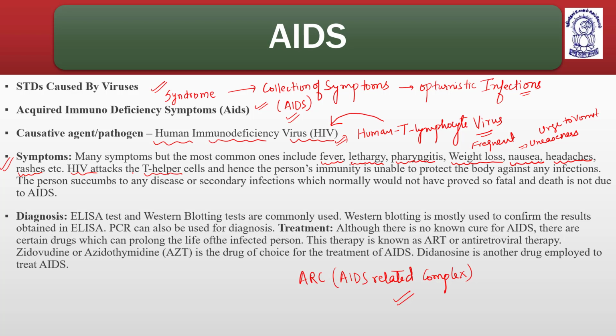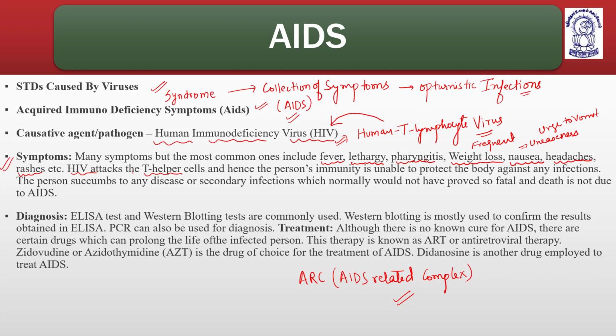There are two types of T cells, the T helper cells and T killer cells. T helper cells help the killer cells recognize that this is a foreign body and this is your own cell, so don't destroy your own cell, destroy the foreign body.